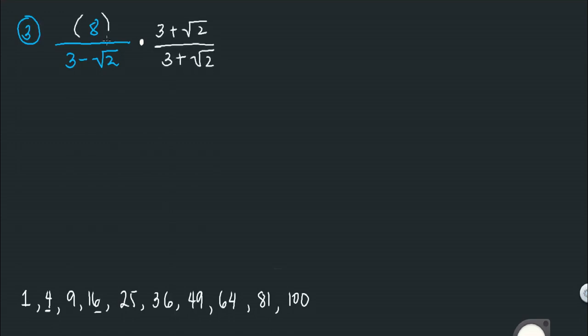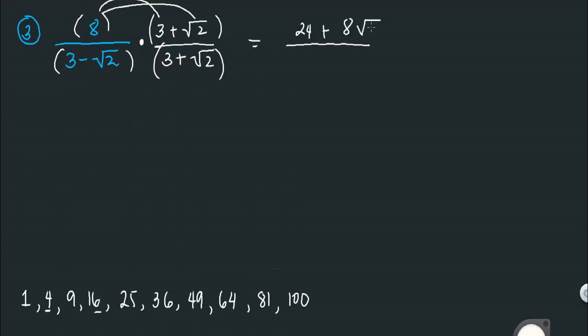So, lagyan natin ng parenthesis yan para hindi tayo nalilito. Now, we simplify. Okay, distributive property, 8 times 3. So, we have 24 plus 8 times square root of 2, that is 8 square root of 2.